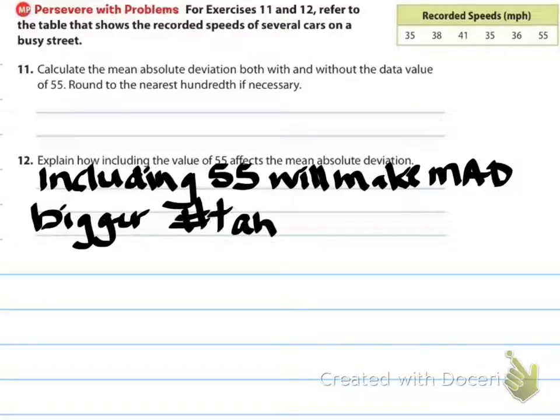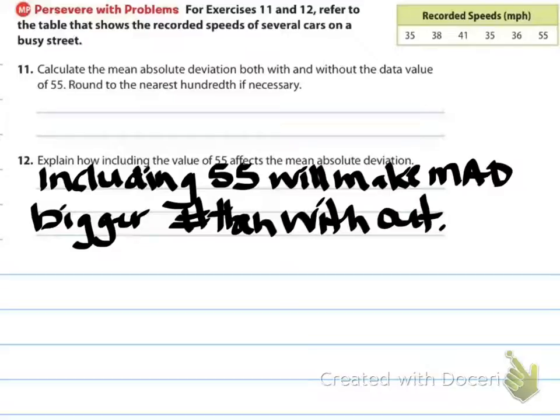Oh my gosh, what is wrong with me? Than without. That clearly is a sentence, I swear. Not really. All right, so explain how including the value of 55 affects the mean absolute deviation. I'm saying that including 55 will make MAD bigger than without.